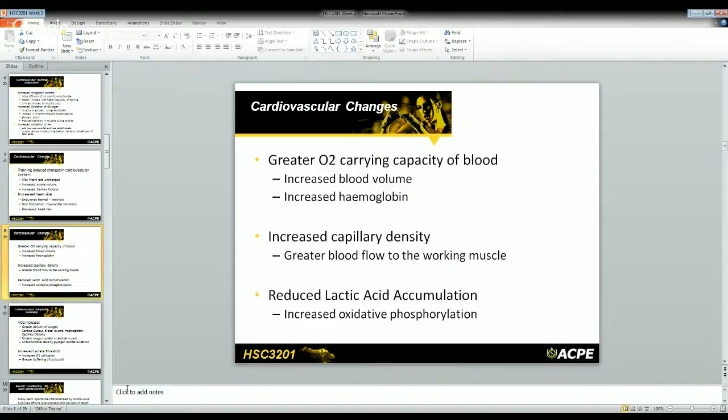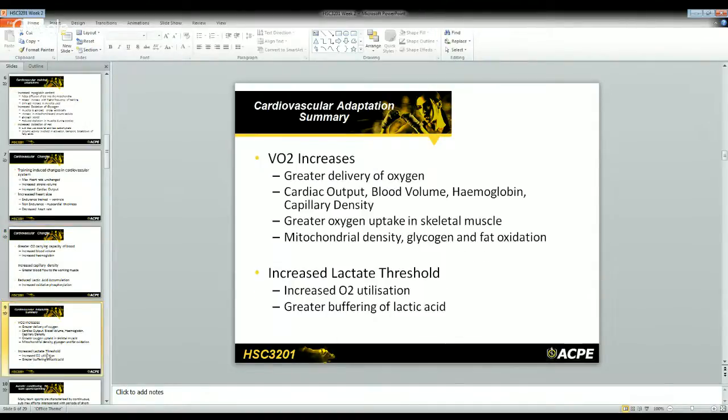Lactic acid accumulation, whether it be through lactate or through hydrogen ions, it allows the clearance of waste products. So think of it as a buffering system. And the more aerobically we are trained, the greater the body is trained in reducing this lactate accumulation.